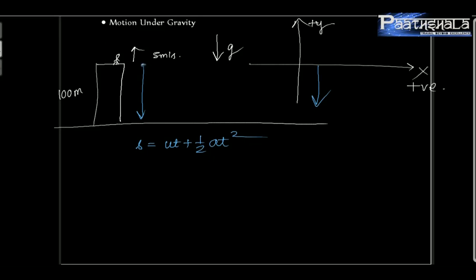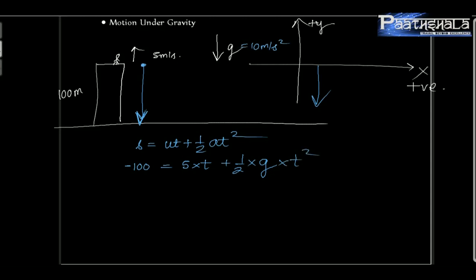From the starting point we have to measure in the negative y direction to reach the final position. So instead of s we'll substitute minus 100 is equal to u, which is positive naturally, 5 into t plus half into g. g can be assumed to be 10 meters per second square, that is the acceleration due to gravity, into t square.